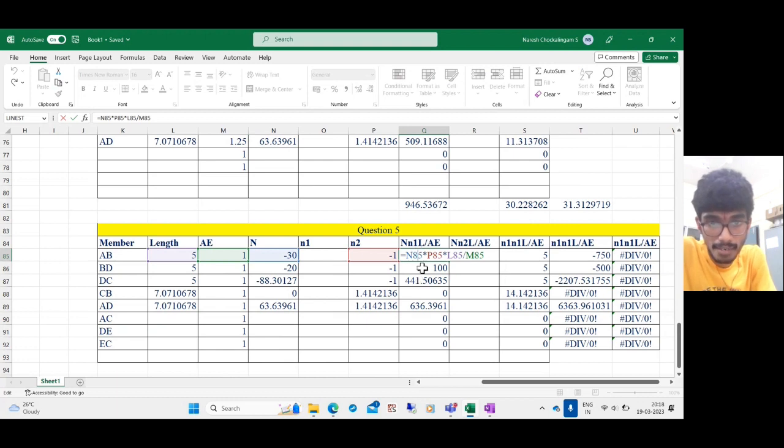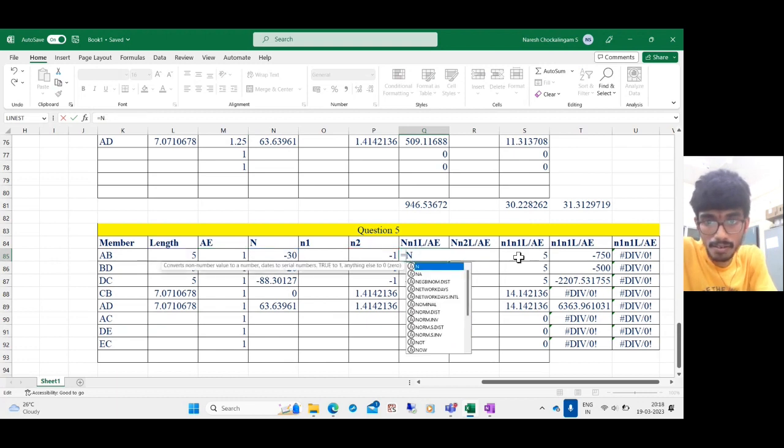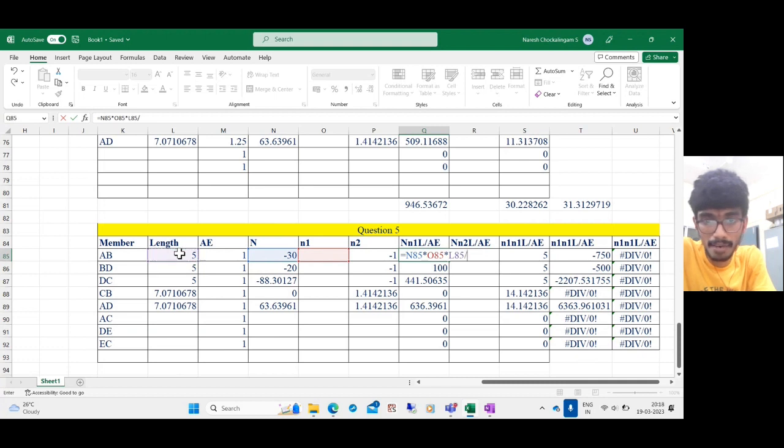So what is N1 L by A? So this is equal to N1 star L by A. And this is equal to N star into N star L divided by A.